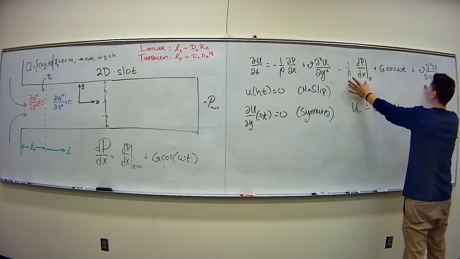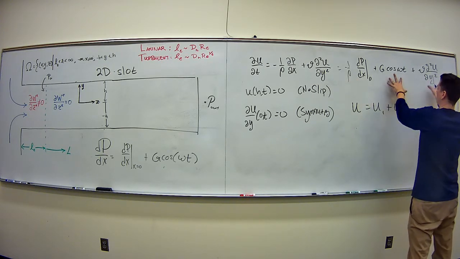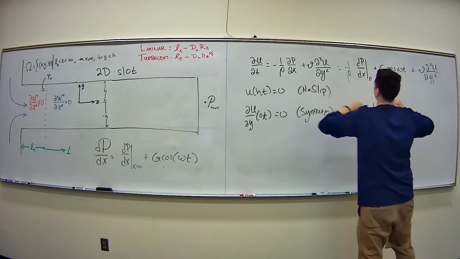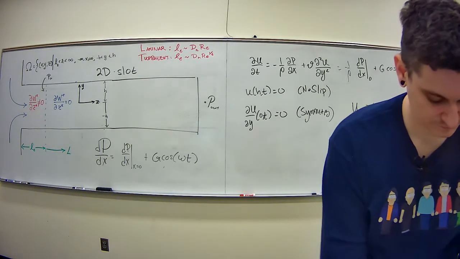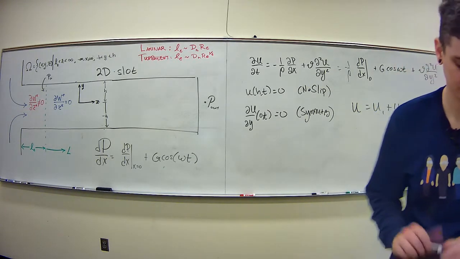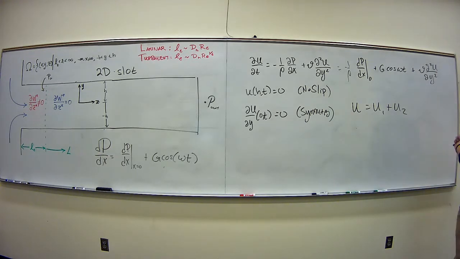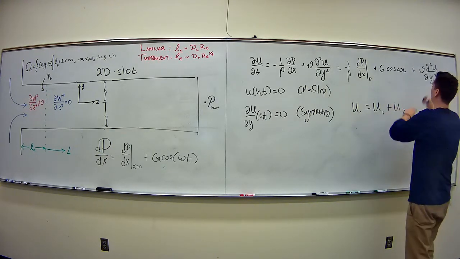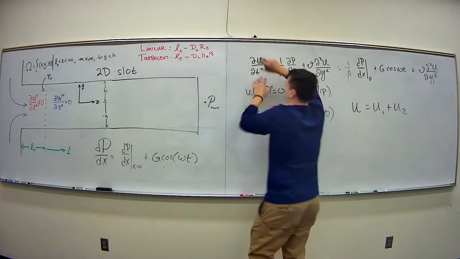So this one is going to solve this problem right here. And then I'm going to have this problem solve this situation. And that's a summation. So again, U2 is solving this part, the time varying part, and then the dynamical part.